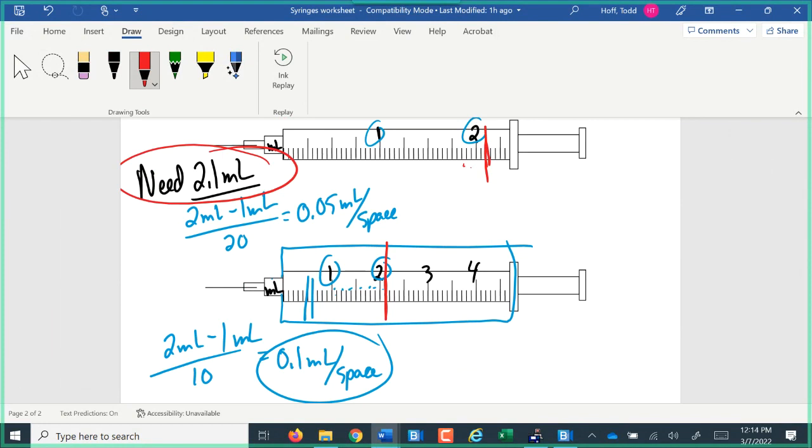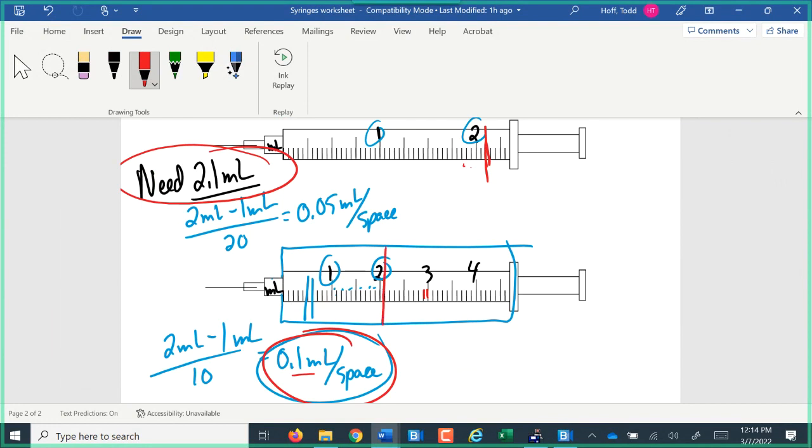But remember, these spacings are the same distance apart on the syringes, and each spacing has a different volume. When we are filling a syringe, there is human error. We might not get it exactly on that 2.1 line. We might slightly overfill, going slightly past the line, or slightly underfill, just a little short of the line.